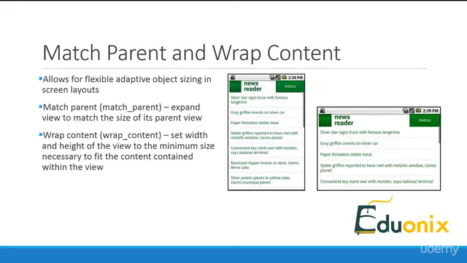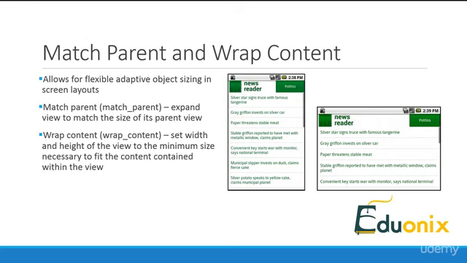When designing layouts for your applications in Android, there are two sizing definitions that allow us to easily create flexible and adaptive UI. When setting the width or height of a view to match parent, it will ensure that it takes up the full size of its parent's view. When declaring the width or the height of a view to wrap content, it will set that size to a minimum size necessary in order to fit the content contained within the view on the screen.